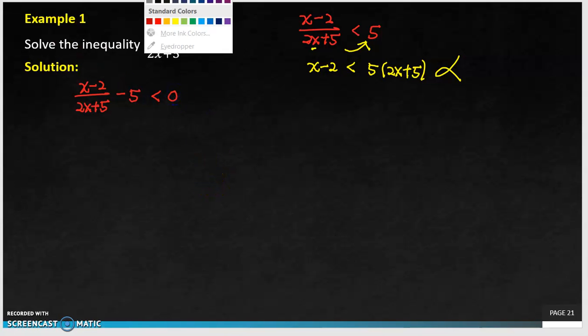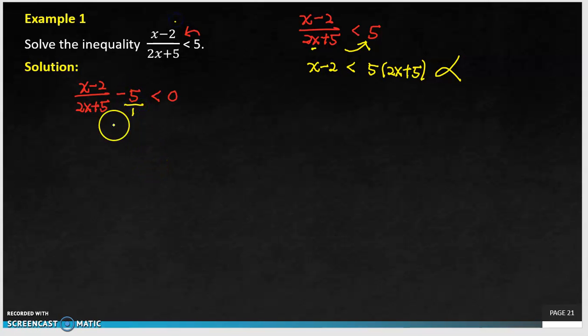This 5 actually is over 1, so we combine the denominator. We multiply the numerator by 2x plus 5 so that we can combine the fraction.